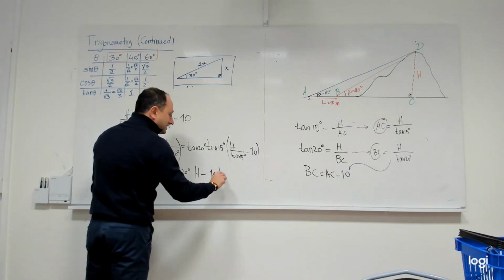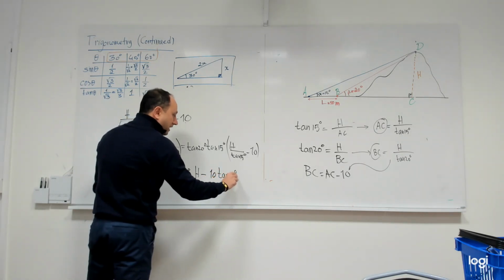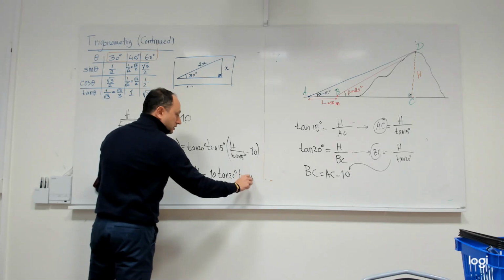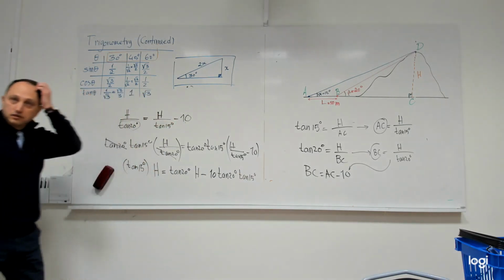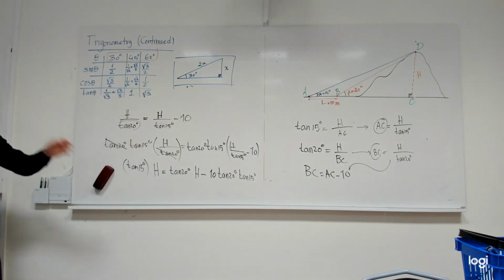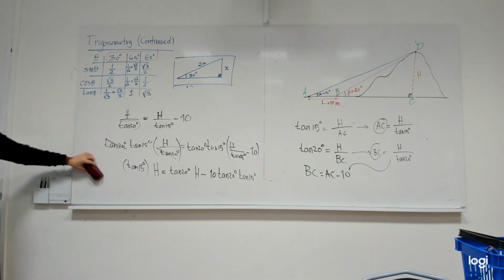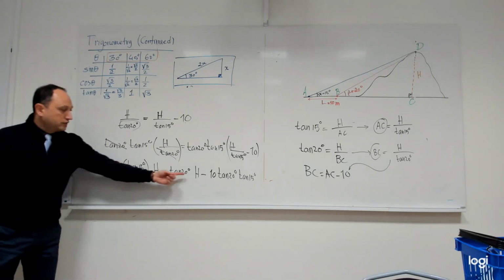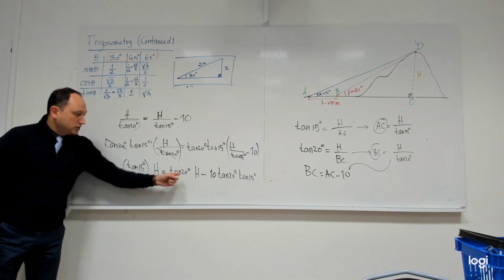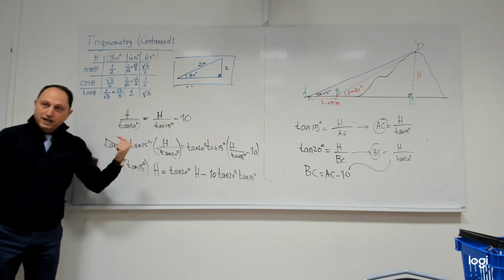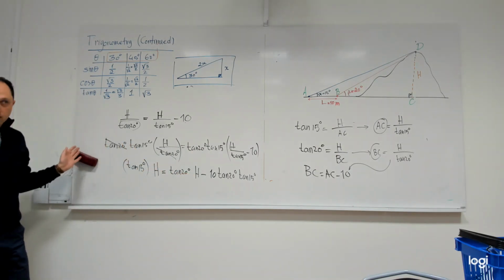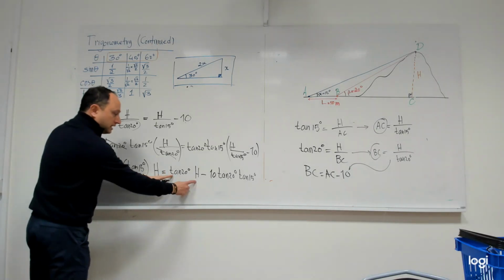So don't get disturbed by the length of the calculation. Is that understandable? Okay, then what is the next step? If you want to solve this equation, this is an equation in one unknown. You need to make that unknown alone on the left-hand side. So what is the motivation? I will take this one to the left.